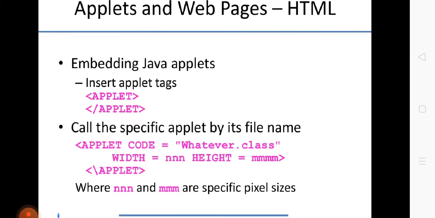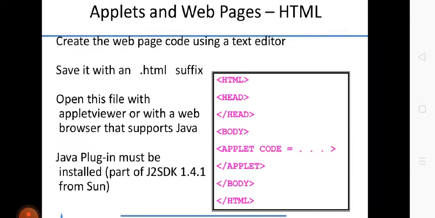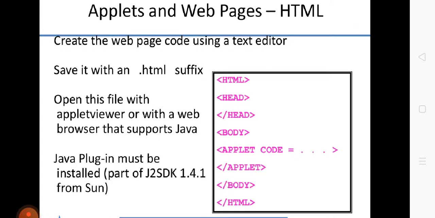Okay, now here we can see that first of all we will create a web page by using any text editor, and we will write the HTML tags in it. Then we will save that file with the .html suffix.